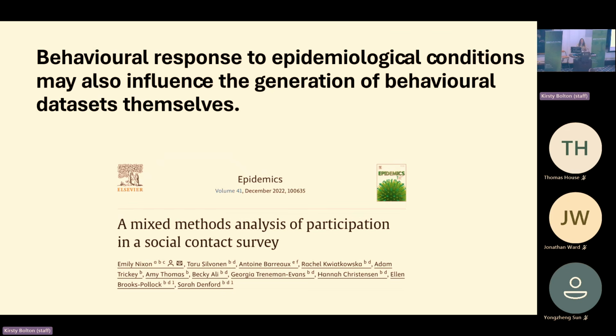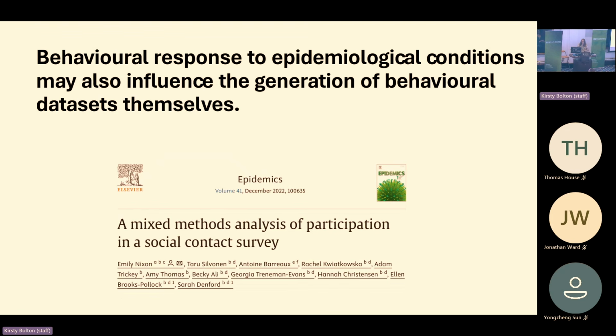Models often try to include dynamic behaviour, but it also seemed that the data we were getting about behaviour is in some way coupled to the epidemiological dynamics we're seeing.